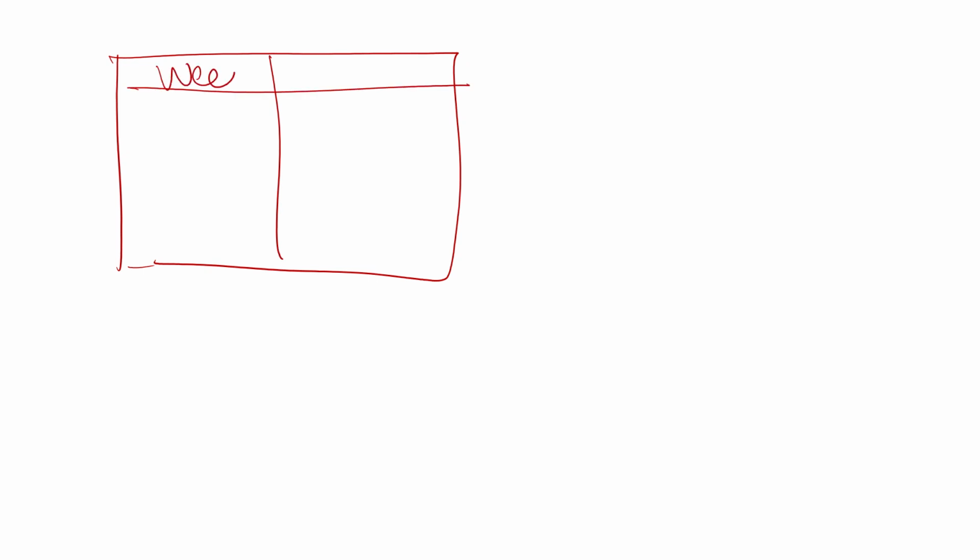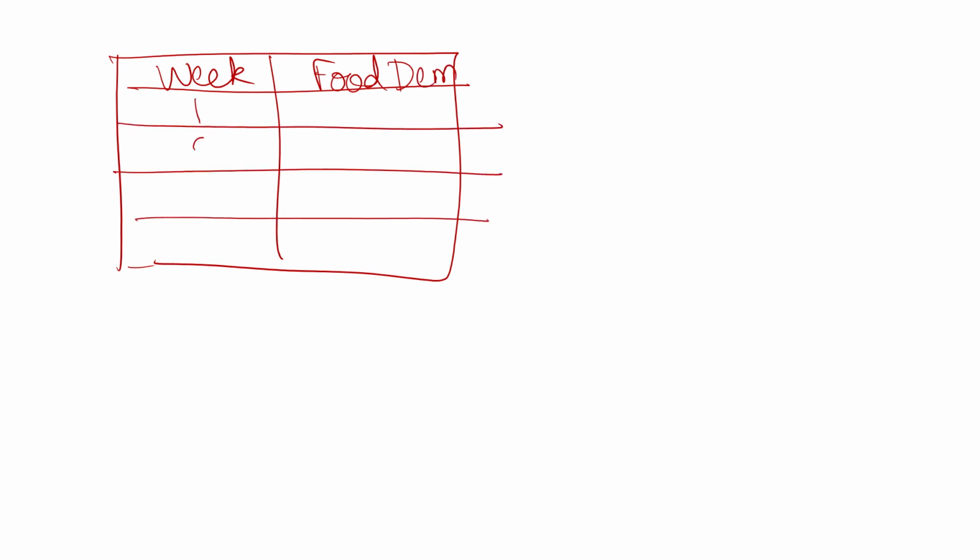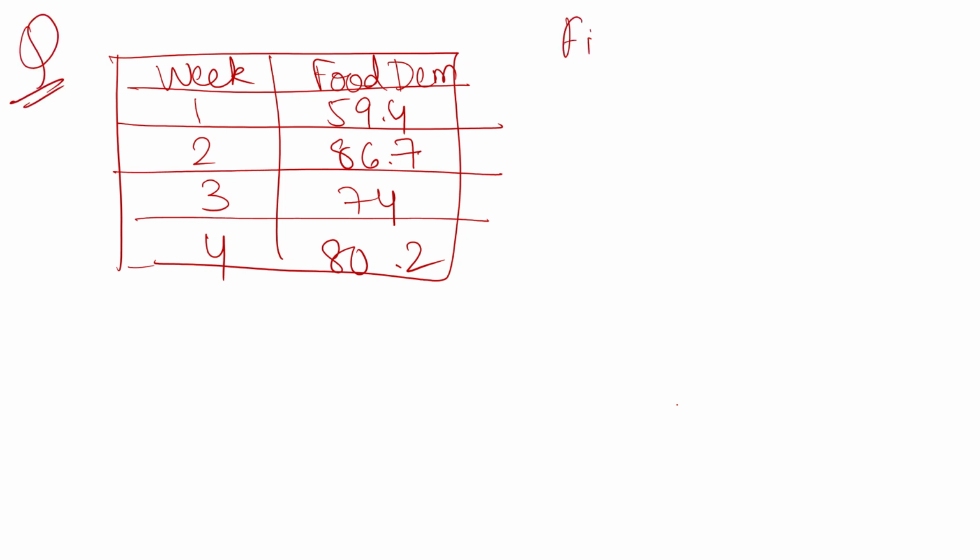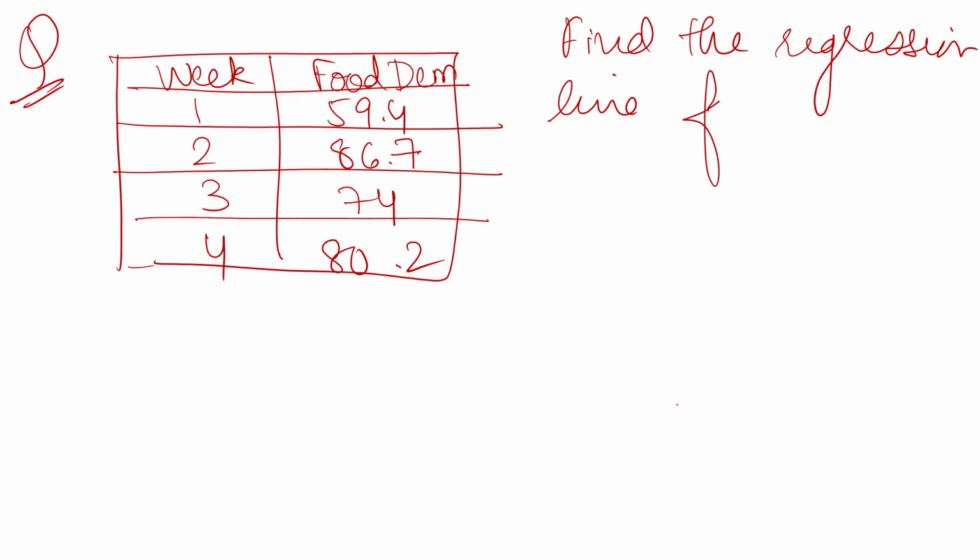So I have week and food demand. 1, 2, 3, 4. 4 weeks. 59.4, 86.7, 74, 80.2. So now the question is find the regression line for the given data.